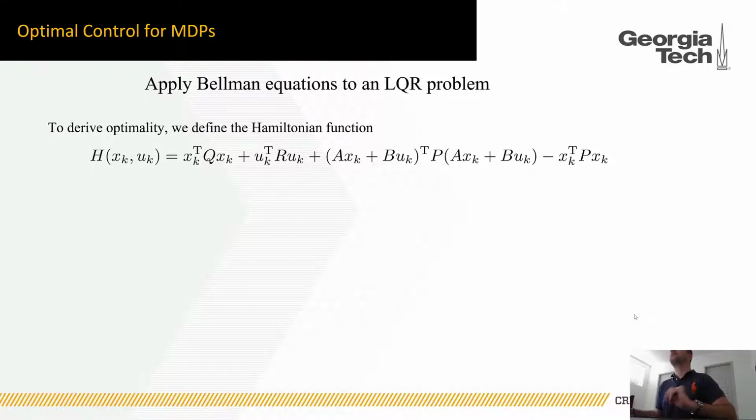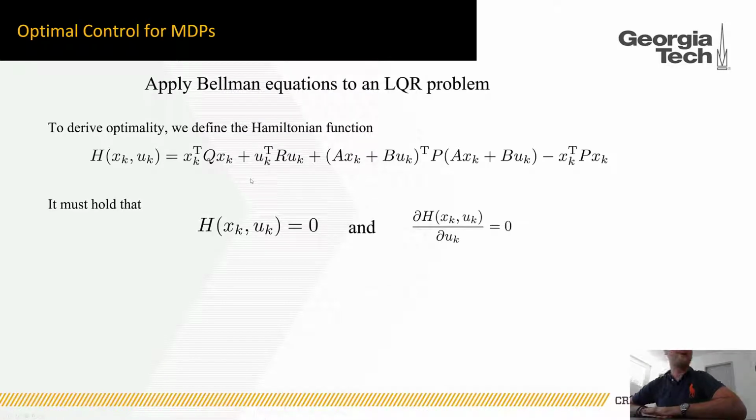Okay, so now let's see how can I apply the Bellman equations that you saw before to an LQR problem. So the Hamiltonian of the system is actually the cost, plus x_{k+1}^T P x_{k+1}, minus the cost at x_k, at k, okay?